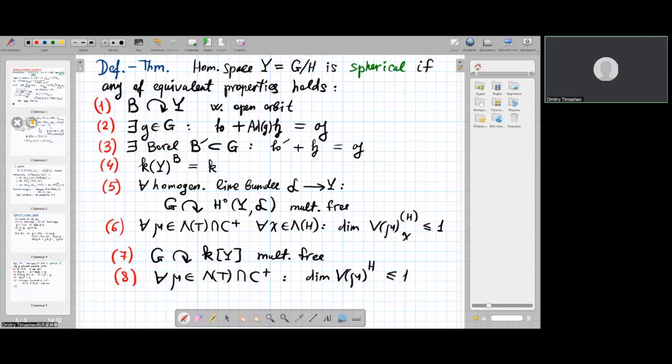But these two last conditions, 7 and 8, are equivalent to the previous 6 only if Y is a quasi-affine variety.